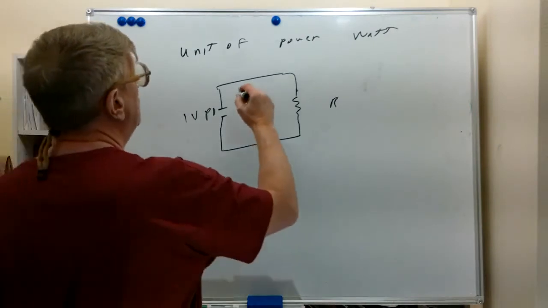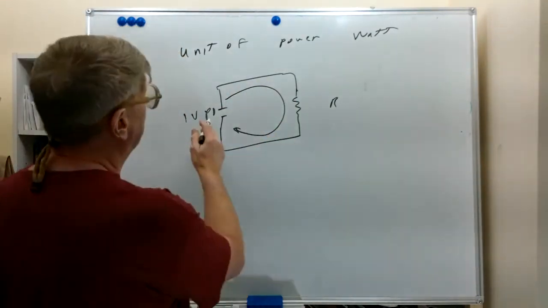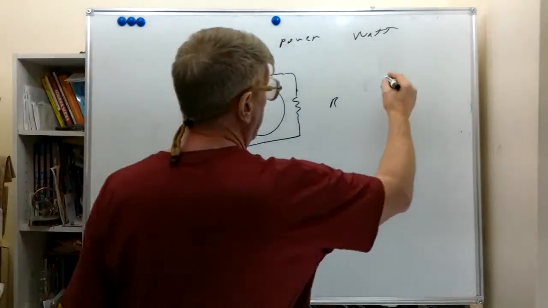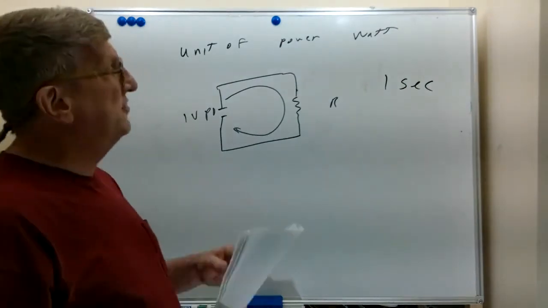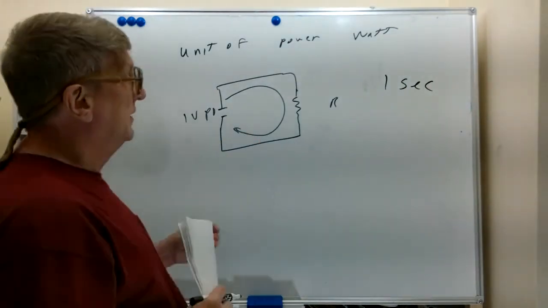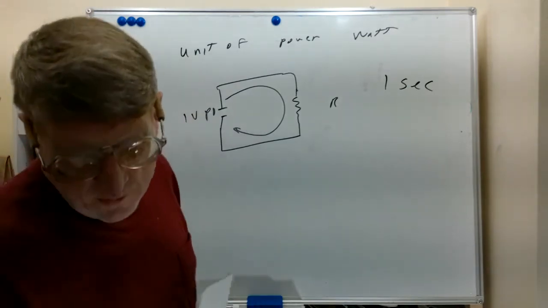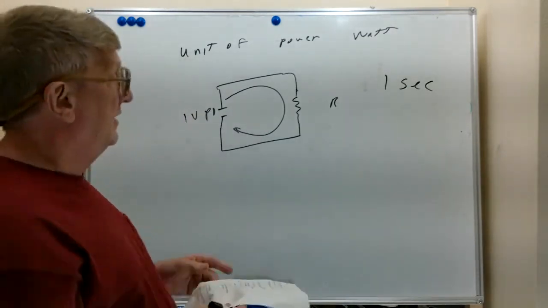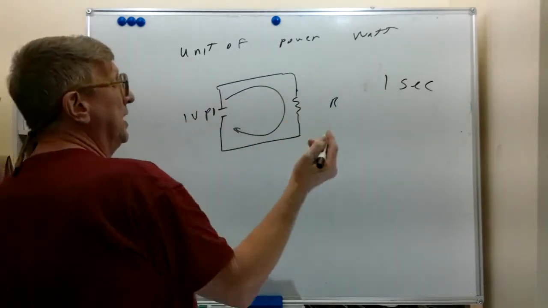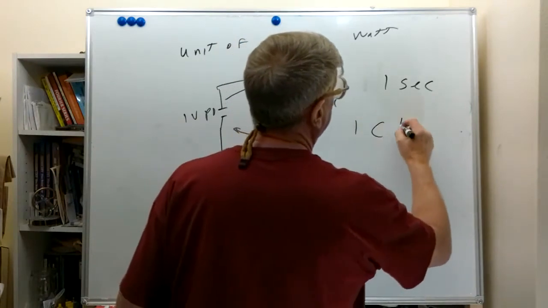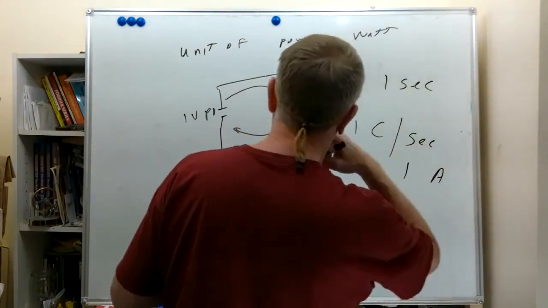But if we move 1 coulomb of charge from one side of that supply to the other, which has a 1 volt potential difference, in 1 second, that is 1 watt. A watt is a rate of use of power. Another way to look at it, being a coulomb, 1 coulomb per second is equal to 1 amp, or 1 ampere.